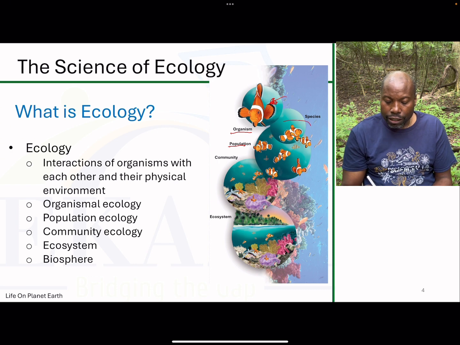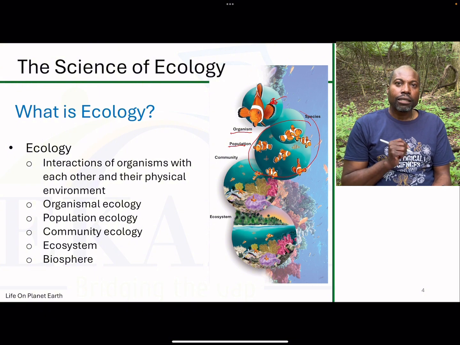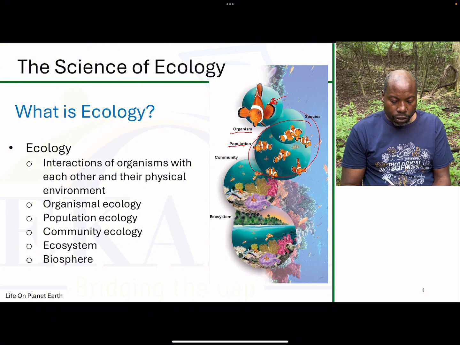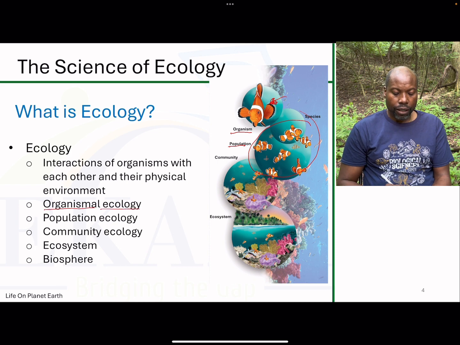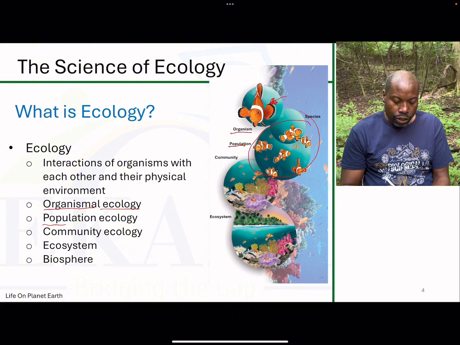Now we are looking at the group of the clownfishes, right? So when we look at just the organism, this is organismal ecology. When we look at a particular group of organisms that belong to the same species, now we are dealing with population ecology.